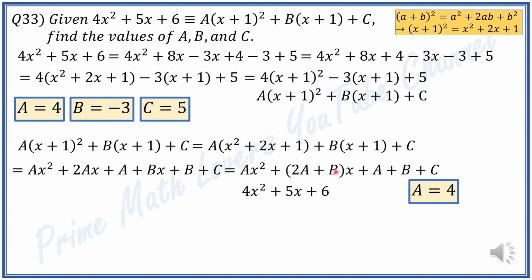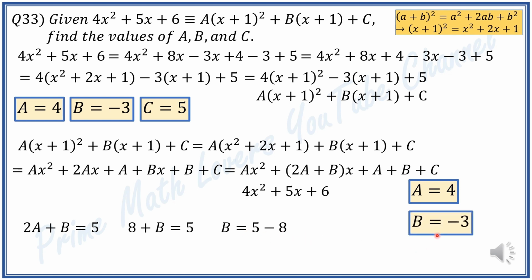Then 2a plus b is equal to 5. And a is 4, so 2a is 8, plus b is equal to 5. We take 8 to the other side. So b is equal to 5 minus 8, and 5 minus 8 is negative 3. So b is negative 3.